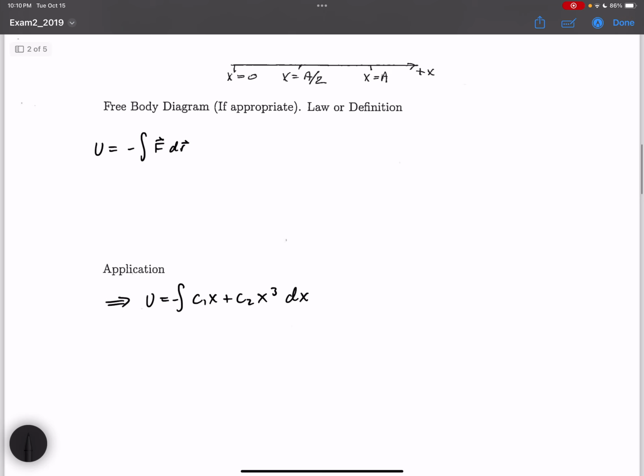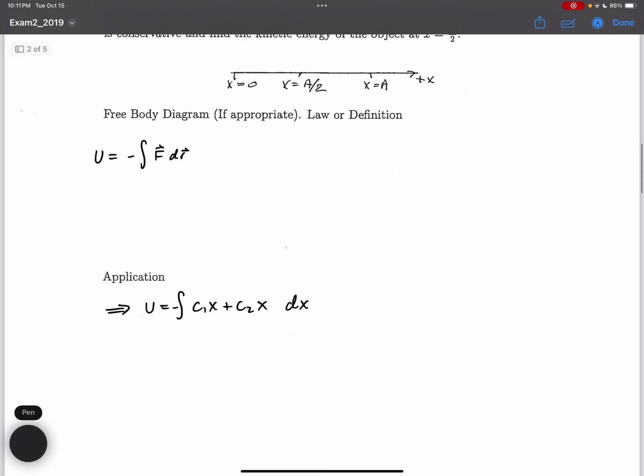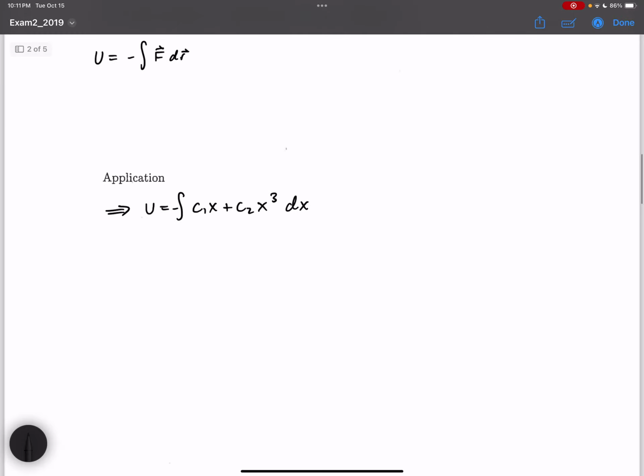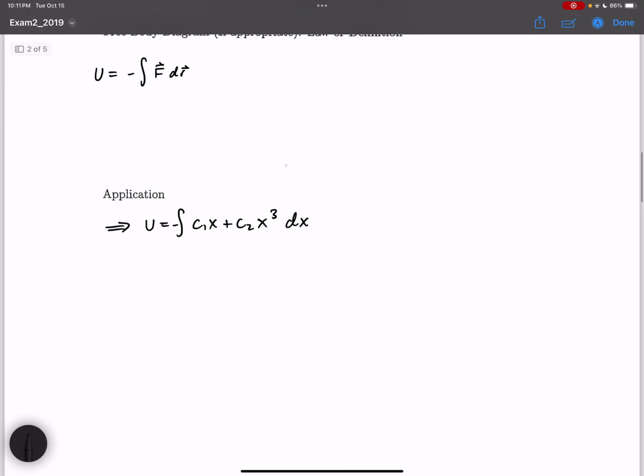You can exchange dr for dx because we're only working in the x direction. Integrating, we get negative c1 over 2 x squared minus c2 over 4 x to the 4th power, plus some constant value, which will go away.